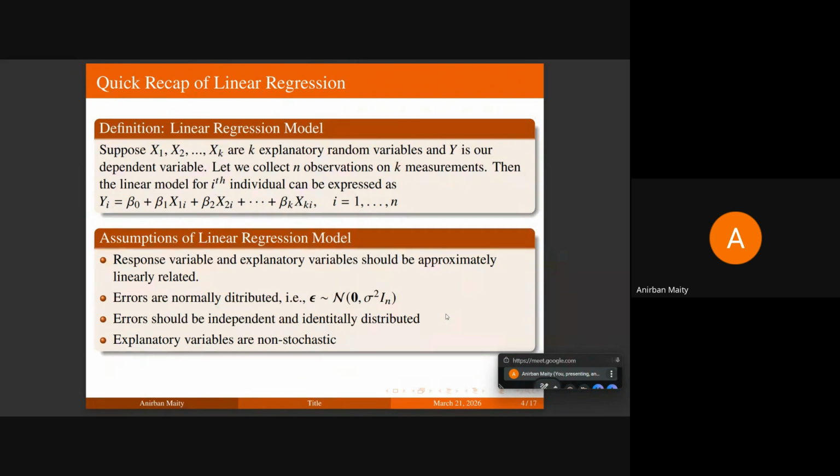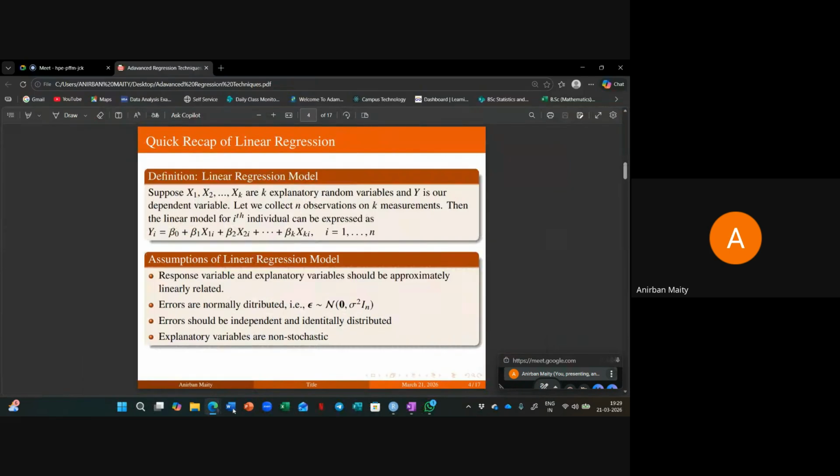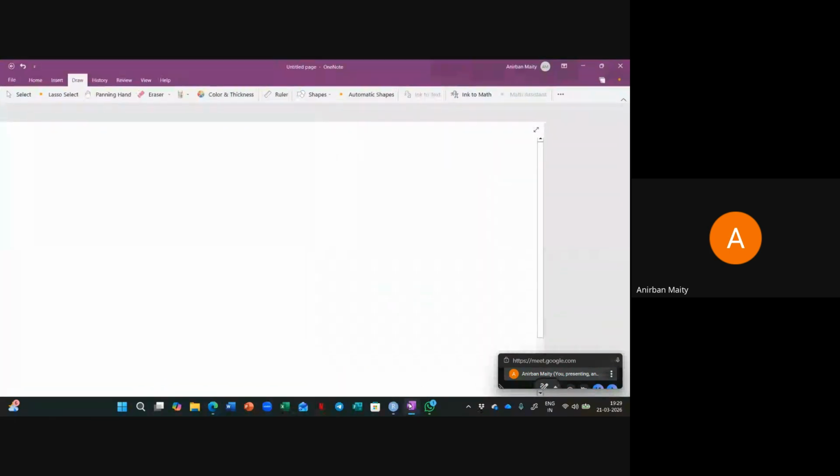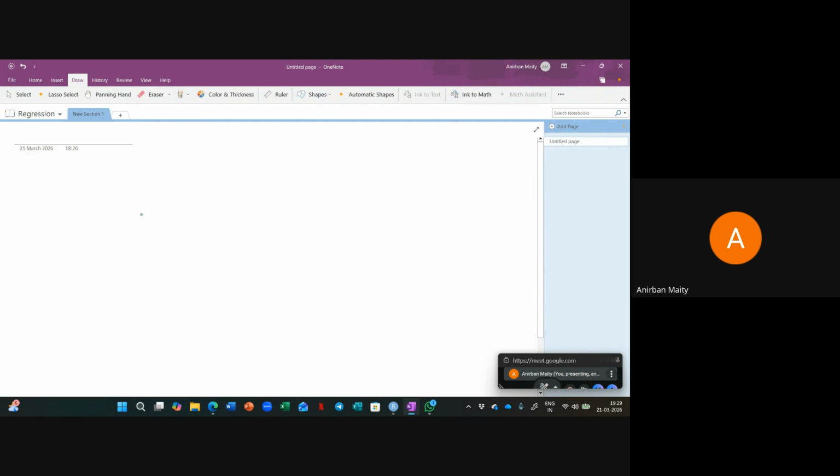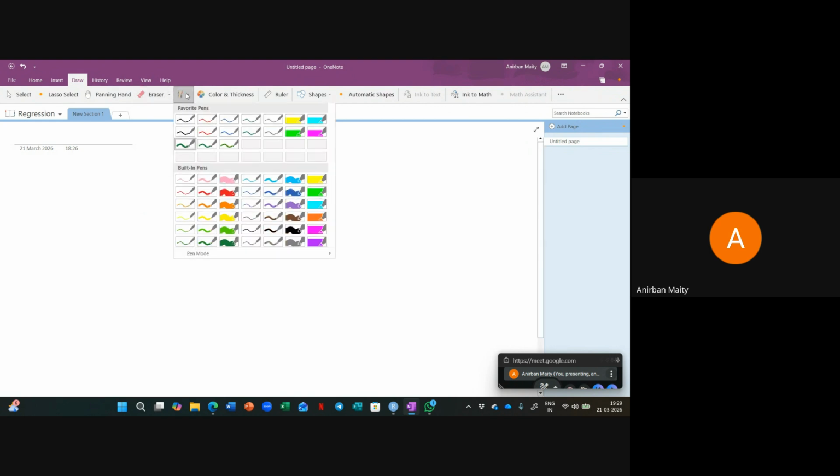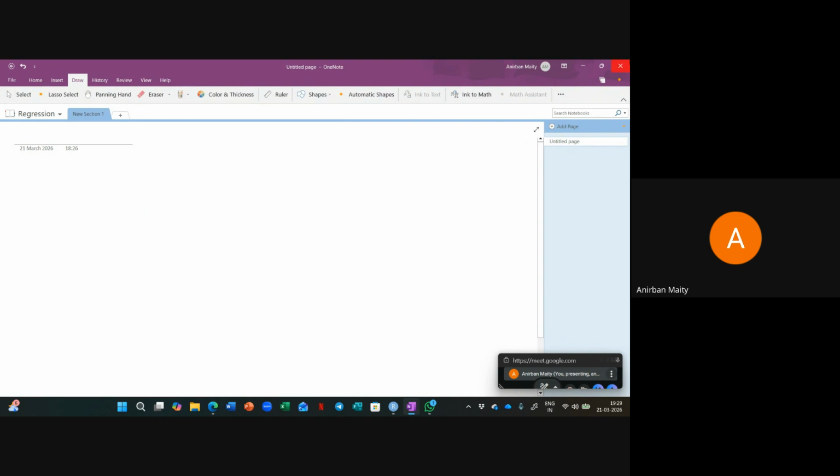Now, suppose y follows a Bernoulli distribution. I will try to show you by hand.